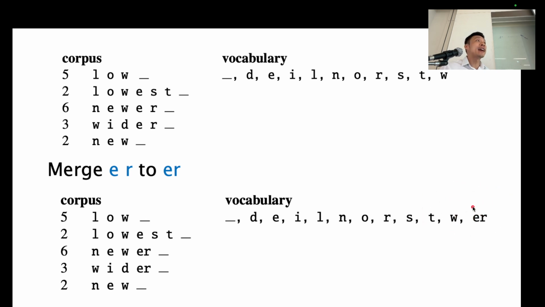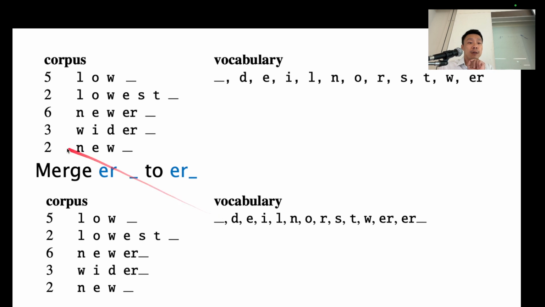Again, we find the two tokens that appear together the most. So it turns out to be ER and the end of the word. So we add ER at the end of the word as a new vocabulary item because we found it 9 times.